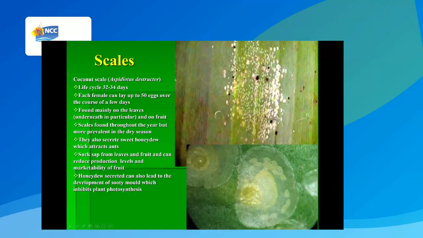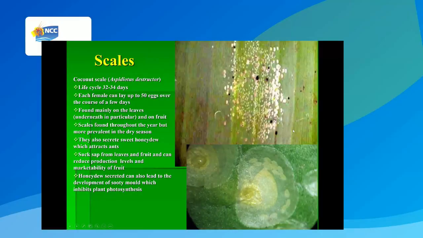Another type of scale that is quite prevalent, and a lot of people would have seen it on their coconuts in particular, or palms, is the coconut scale. The slide gives more information there about it.